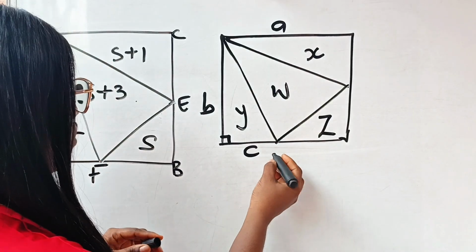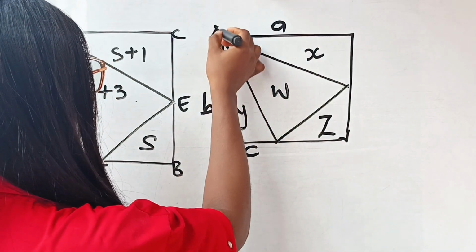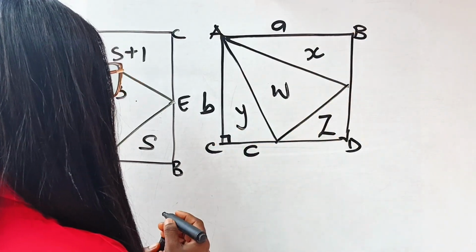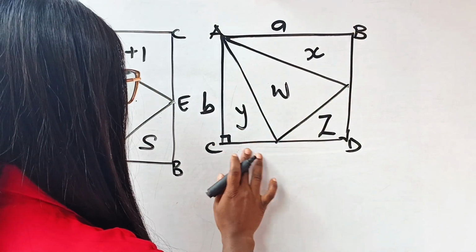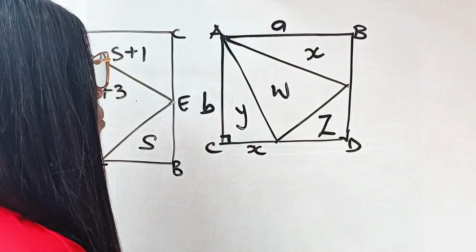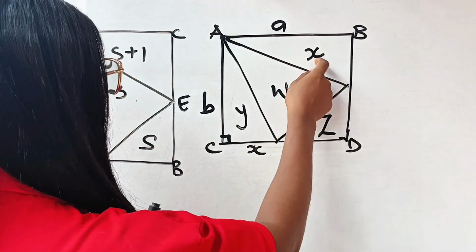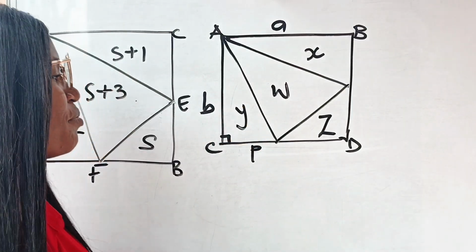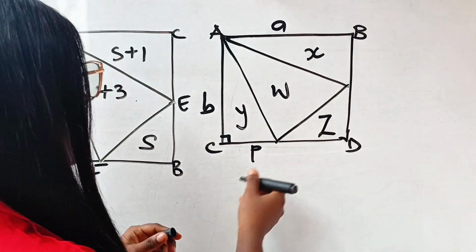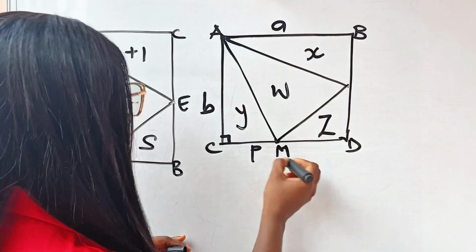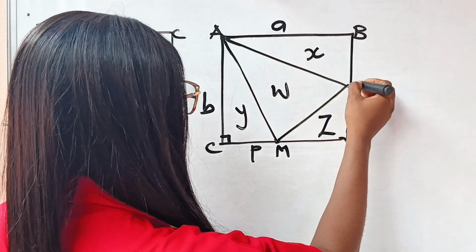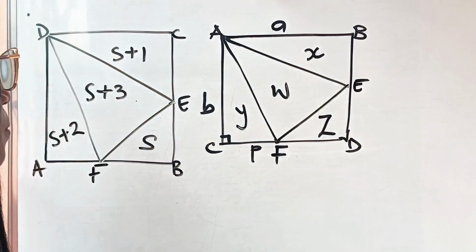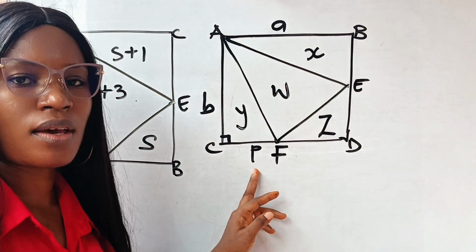Let's call this A, B, C, D. This place, I think we should call it X, so that we don't make mistakes. Oh, we have another X here, so let's call it P. Let's call this point of intersection M, and this place D, E, and let's call this EF. So C to F is P.